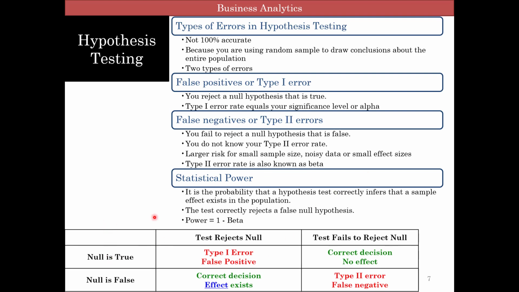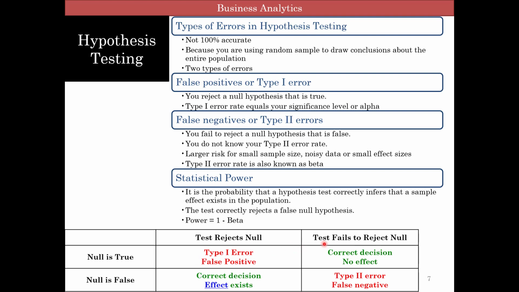So here is a good table to look at. The columns are what the test does, and the rows are the reality. We have test rejects null, test fails to reject null, and in reality the null is true or the null is false. When the test rejects the null and the null is true, you have a type 1 error, or false positive.